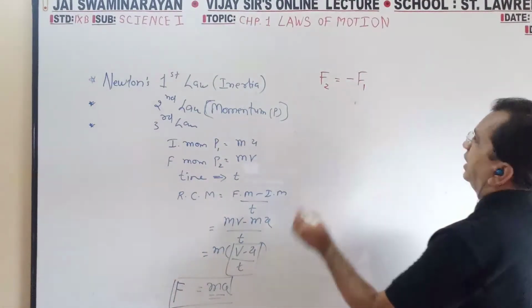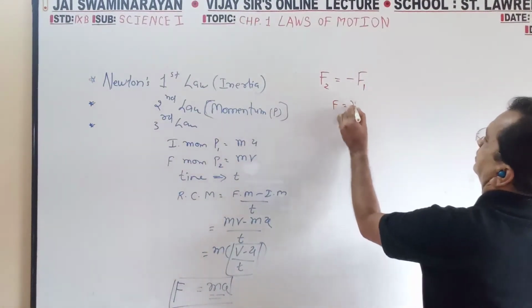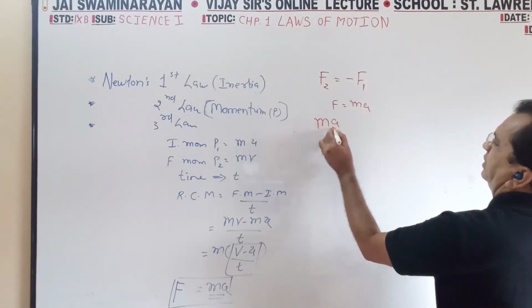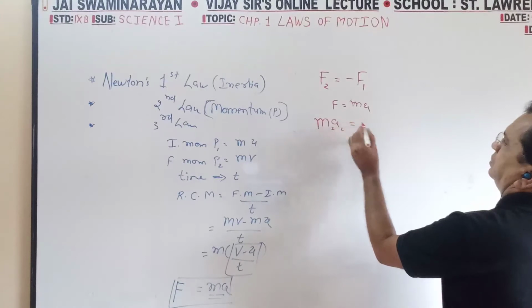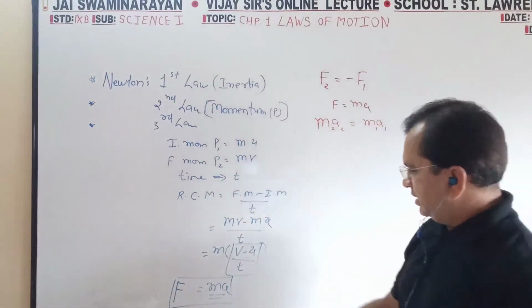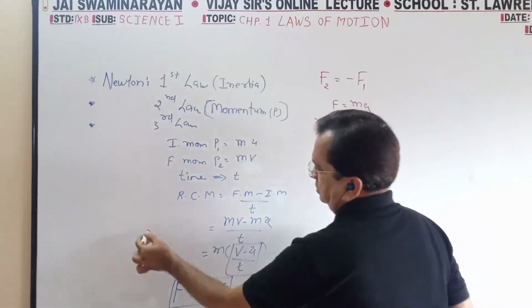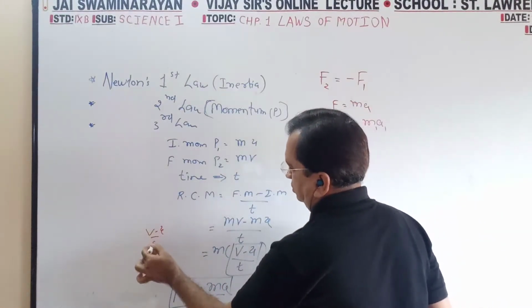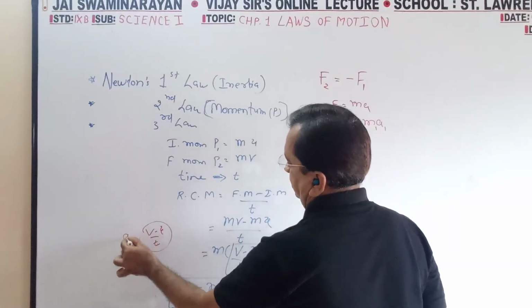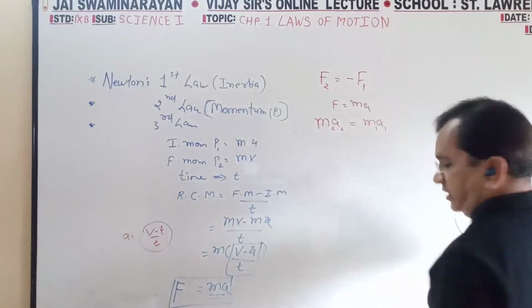But as we know, F is equal to ma. So this is m2a2, and this is m1a1, and as you know, (v minus u) by t is a.